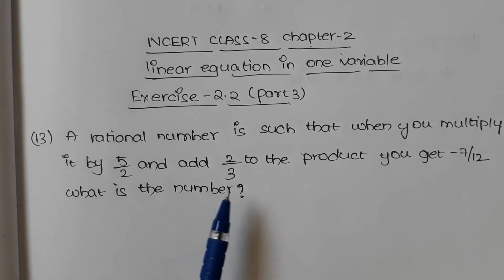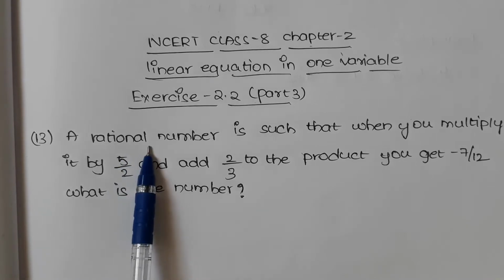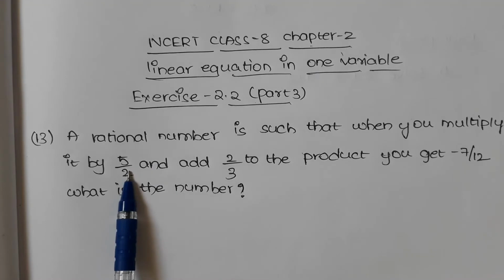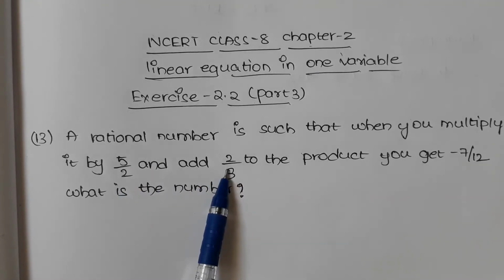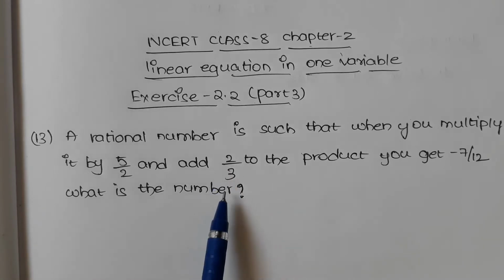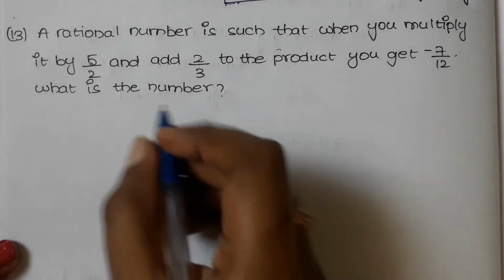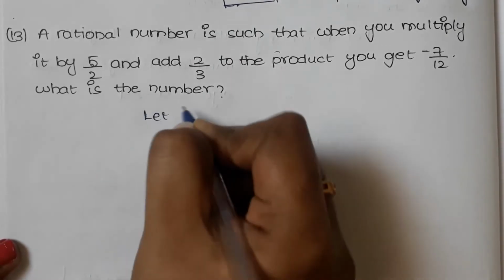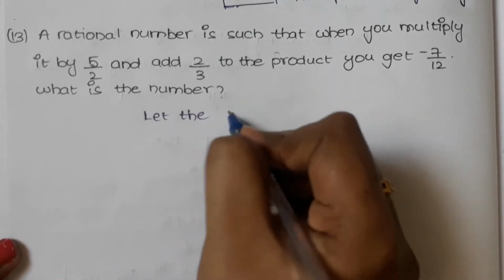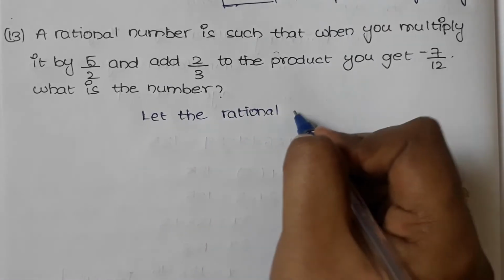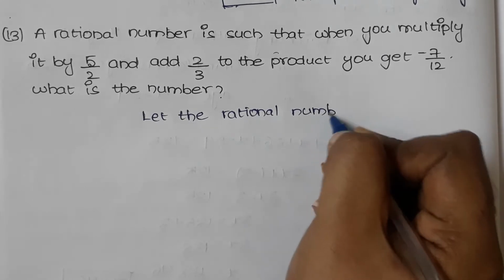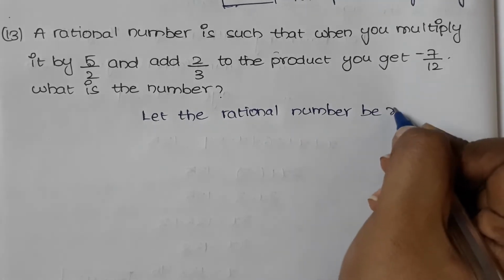Now here the rational number is multiplied by 5 by 2 and that product is to be added to 2 by 3. Now let us assume the rational number to be x. Let the rational number be x.